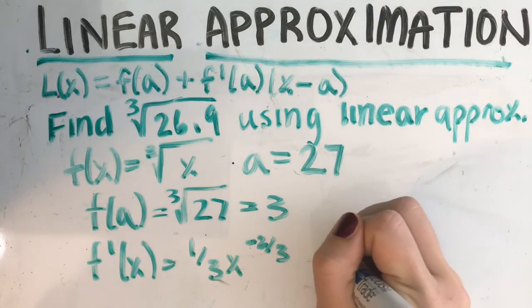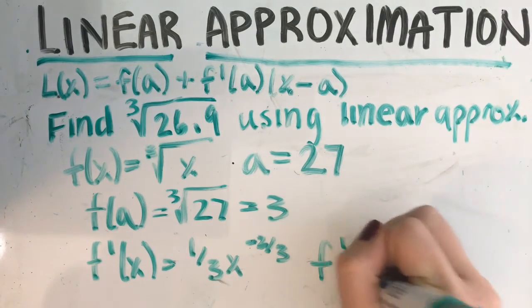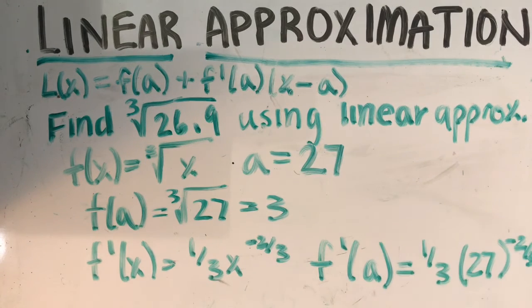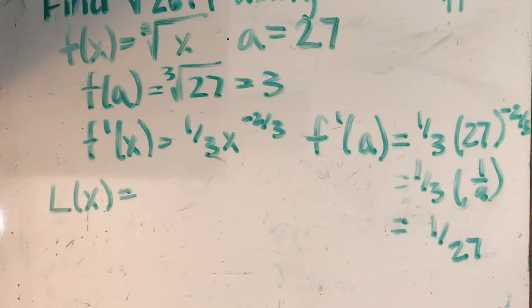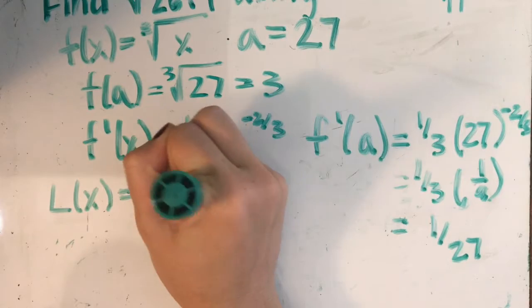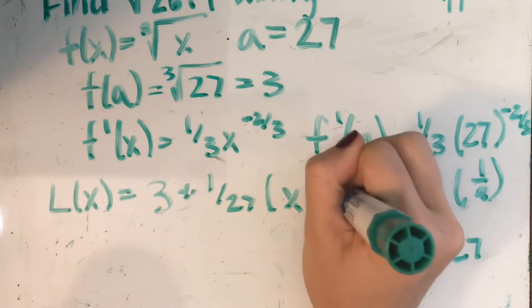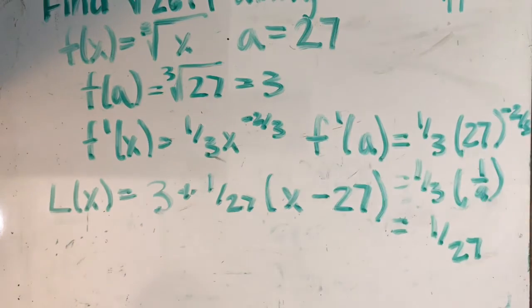Now we can find f prime of a by plugging a into the derivative. We find that f prime of a equals 1/3 times 1/9, or 1/27. Plugging these values into our formula for linearization, we get 3 plus 1/27 times x minus 27.